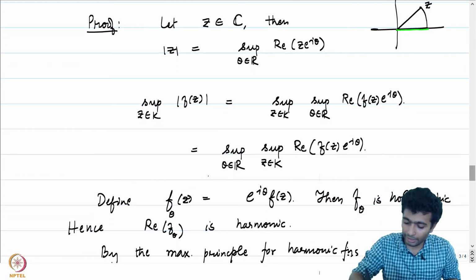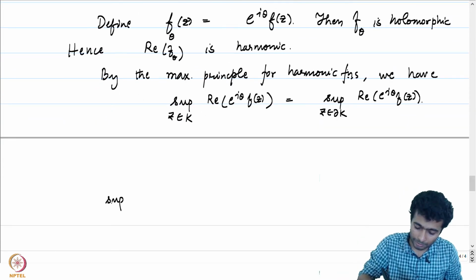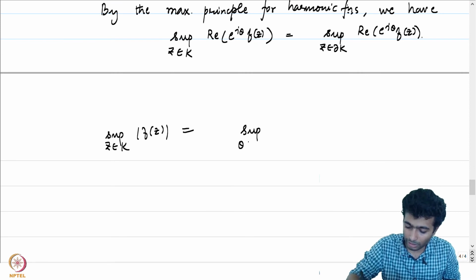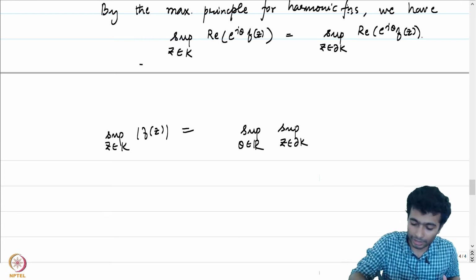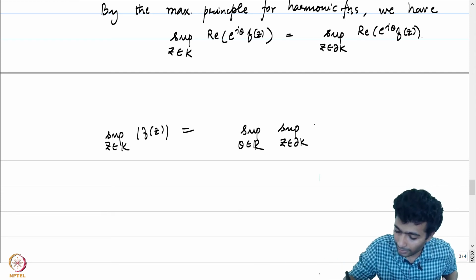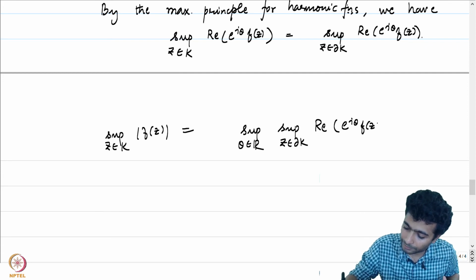And let's plug that in here. And what do we have? We then have that the supremum of z in K of mod f of z is equal to the supremum over theta in R, supremum of z in boundary of K now instead of K. By this observation, we have just reduced it to studying it over the boundary of K of the real part of e to the power i theta f of z.